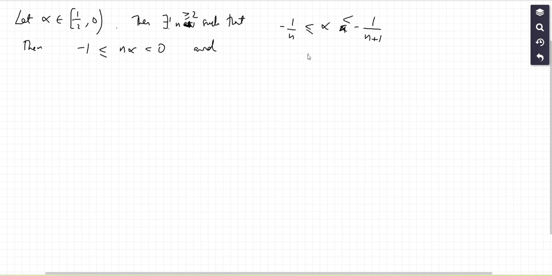And the right-hand side then says that n plus 1 alpha is less than minus 1. Once again, if n plus 1 alpha were less than minus 2, then alpha is less than minus 2 over n plus 1.